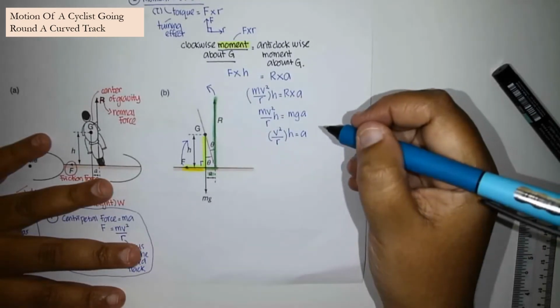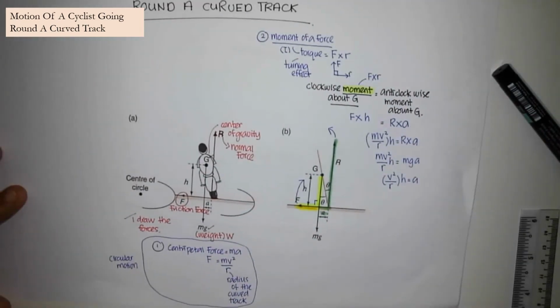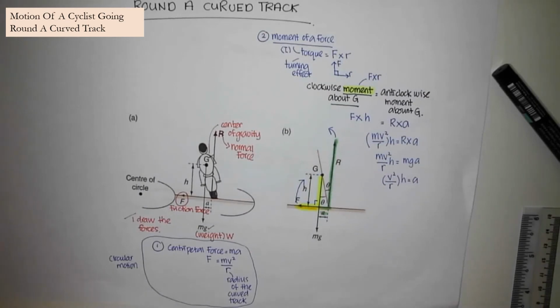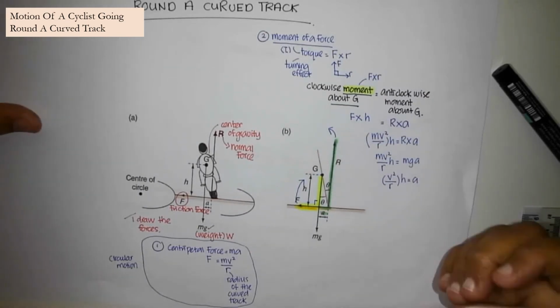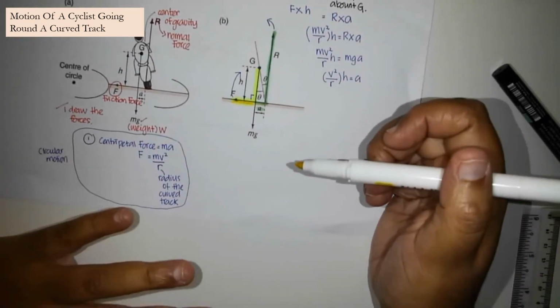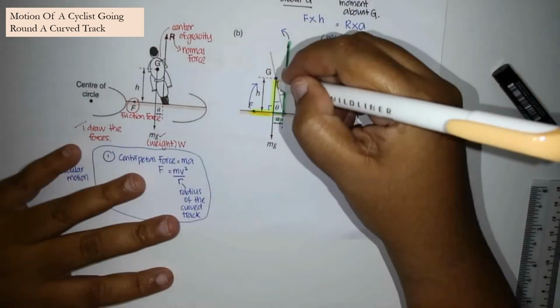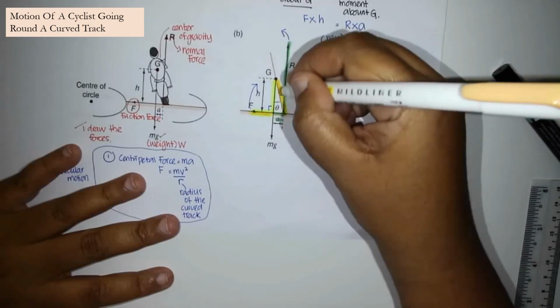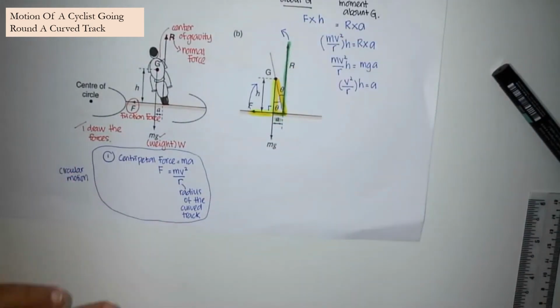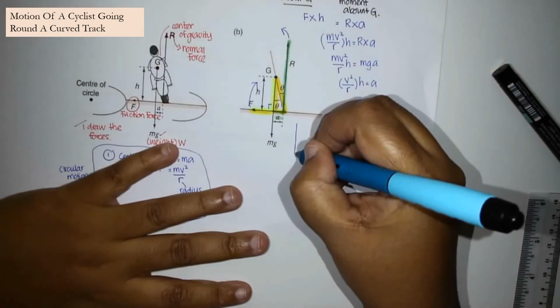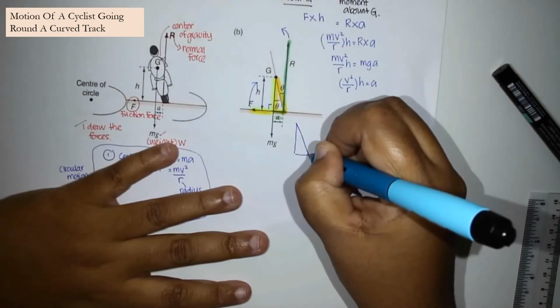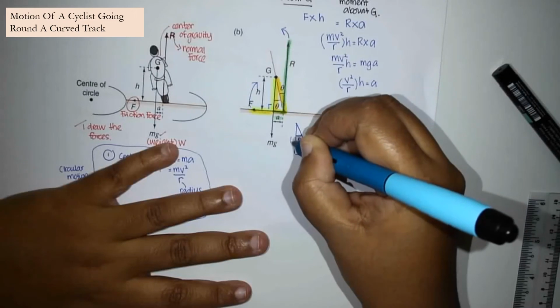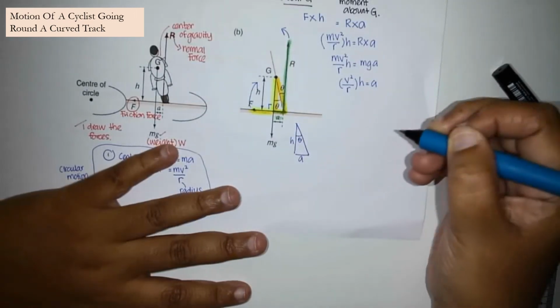But we don't stop there. Let's look at this triangle here, 1, 2, 3. If I draw it like this, this will be theta, this will be H, this will be A, correct?